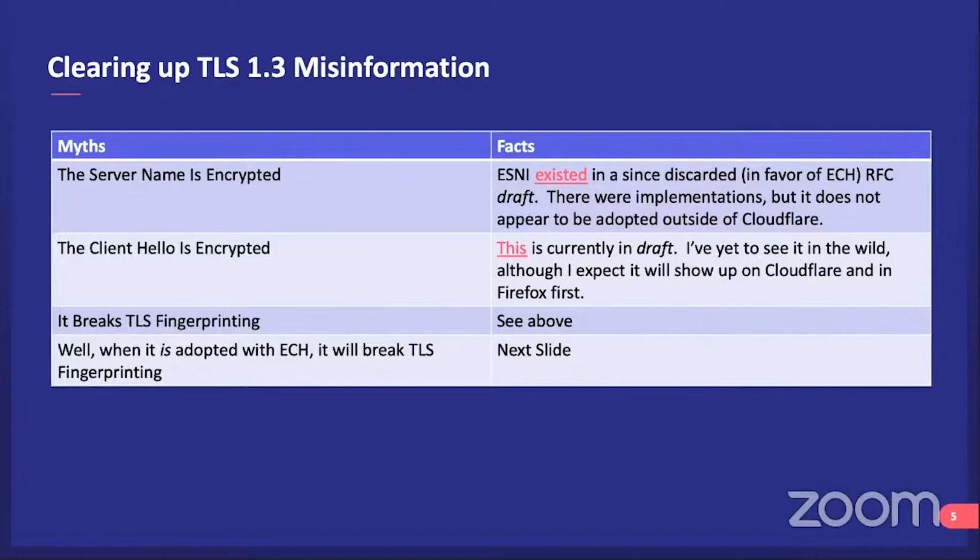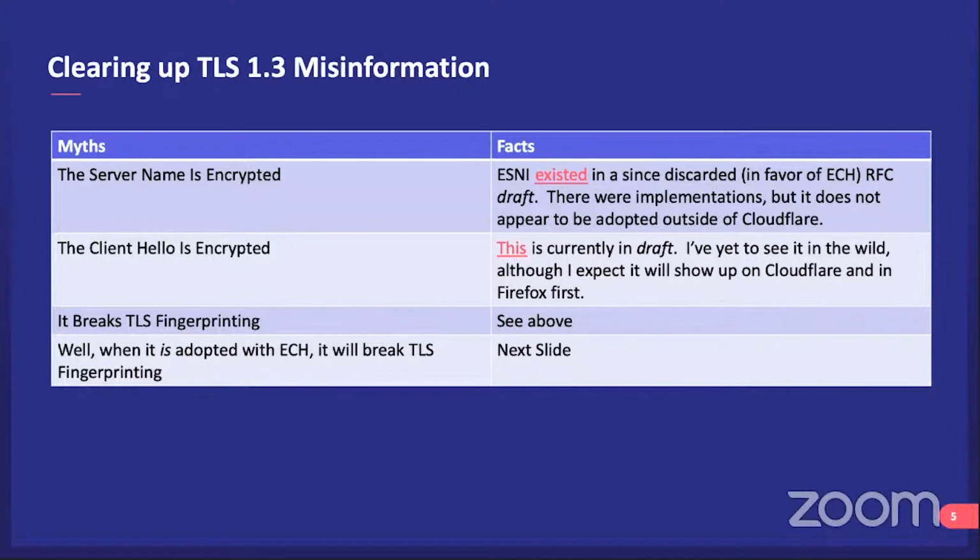And as I said, there were implementations, or there currently are, but it doesn't appear to be adopted, at least in a large sense, outside of Cloudflare. And you have to think, if you want this to be adopted widely, that means Apache has to pick it up, Nginx has to pick it up, or I guess the OpenSSL implementation of that. But all of the libraries, Caddy, for example, have to implement this in order for it to work on the server side.